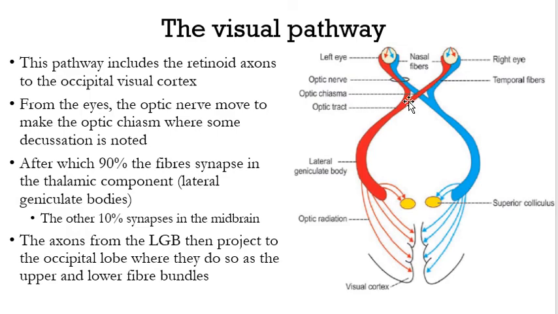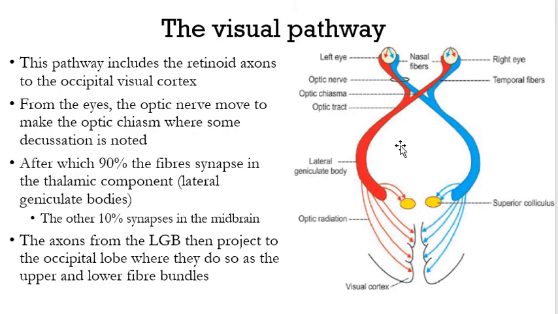But as they reach what is called the optic chiasm, the ones from the left side do not cross, but those coming from the right side cross to the other side and keep on with a pathway. Whilst in the right eye, you have the left side of it crossing and the right side of it not crossing. So we're going to go through these details.